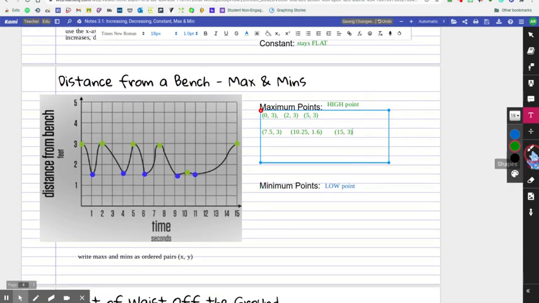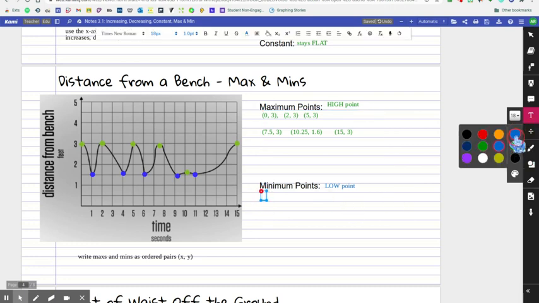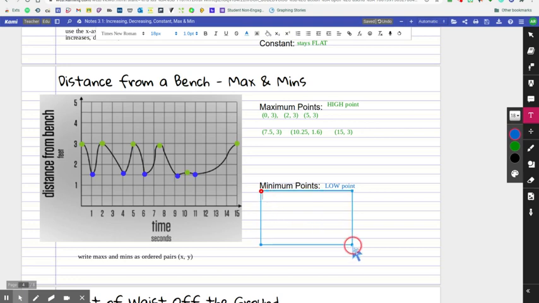All right. Let's talk about the mins. The mins are going to be a little bit easier, in my personal opinion, because they're all pretty much in the same kind of height location. So what's our first minimum? How would we write our first minimum here? Perfect. What about our second minimum? Perfect.